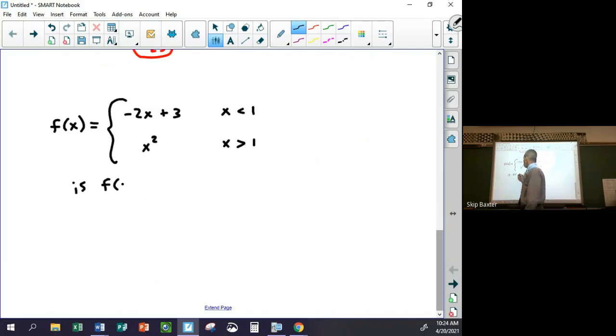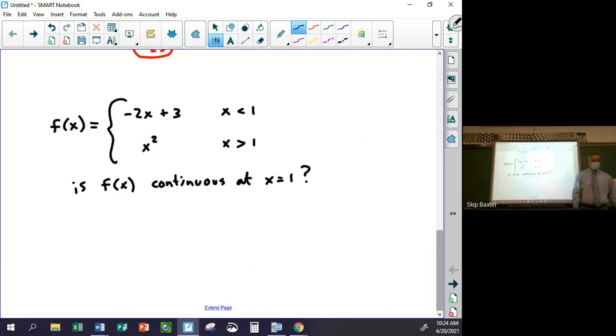Is f of x continuous at x equals 1? Why not? Because it's not defined at 1. 1 is not included in either one of these intervals, so you can say right away, the answer is no.